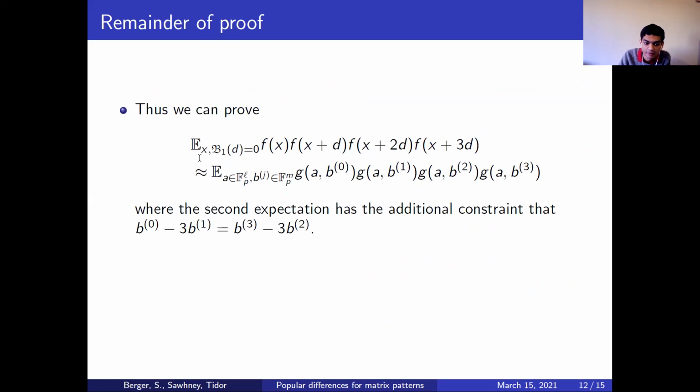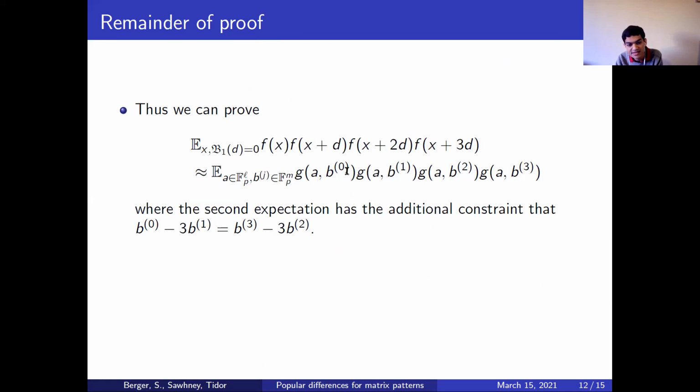At a very high level, you can show that the fraction of 4 APs where this first quadratic factor zeroes out the difference, by some further modifications, is approximately equal to this variational problem, almost.